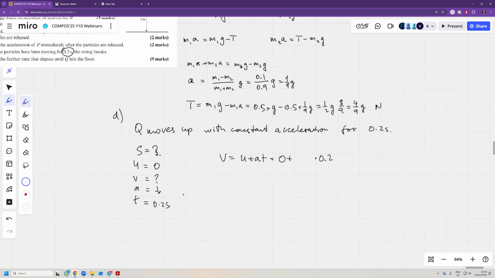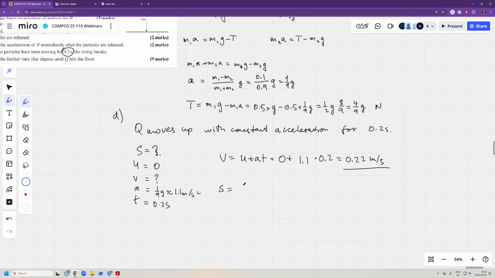Acceleration is 1/9 g, which is approximately 1.1 meters per second squared. 1.1 times 0.2, so that's 0.22 meters per second. So by the time the string breaks, it reaches 0.22 meters per second. That's the speed.